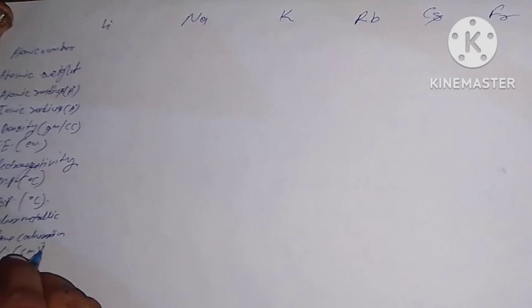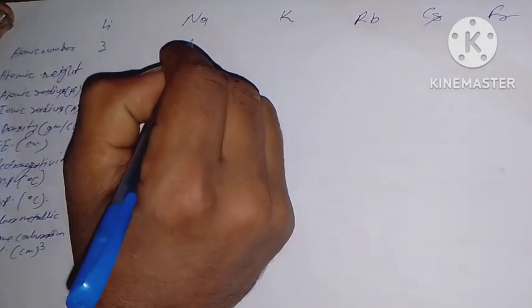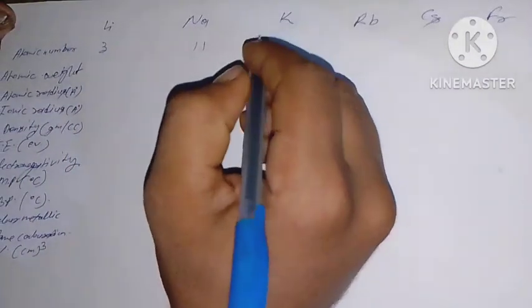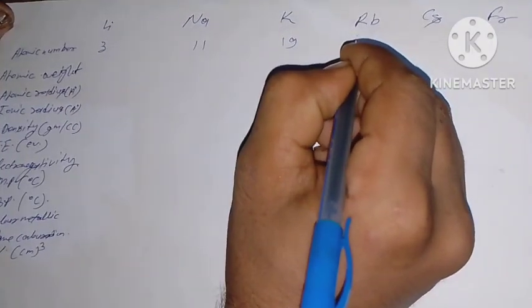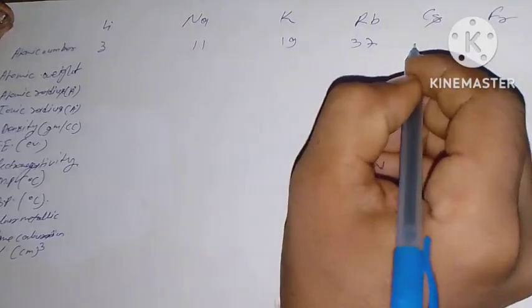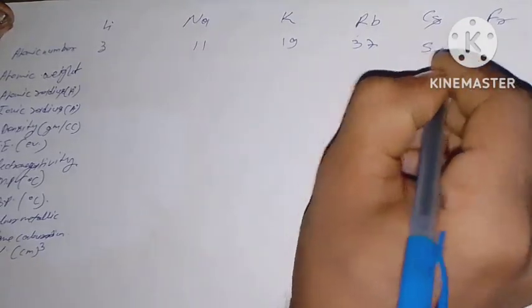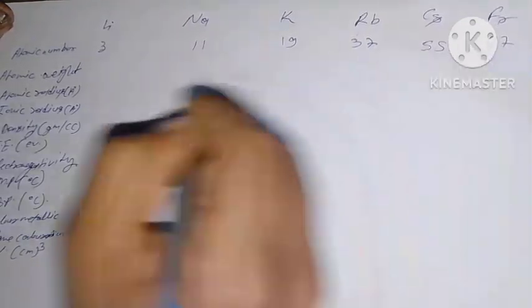Atomic numbers: lithium 3, sodium 11, potassium 19, rubidium 37, cesium 55, and francium 87.